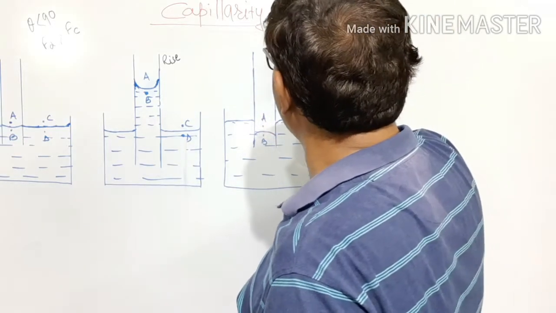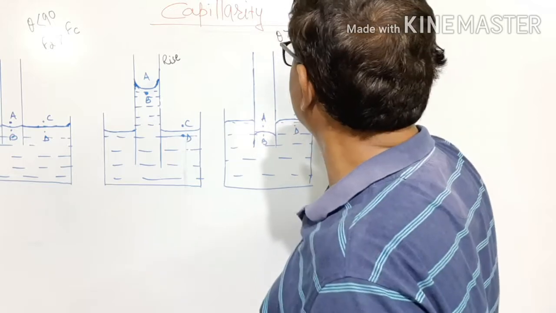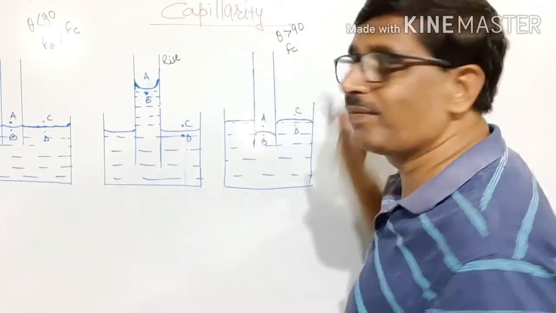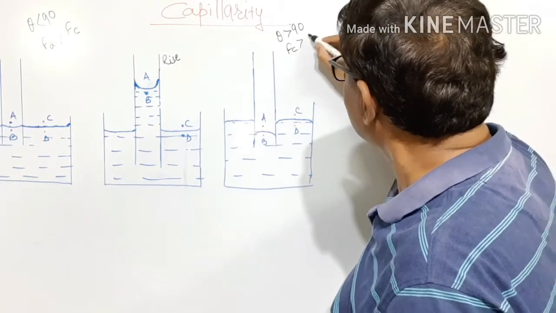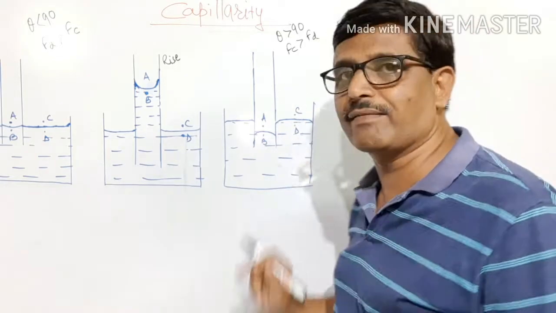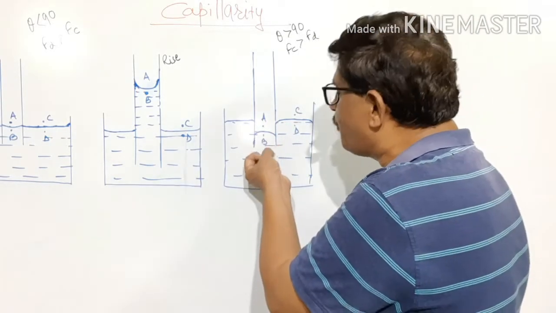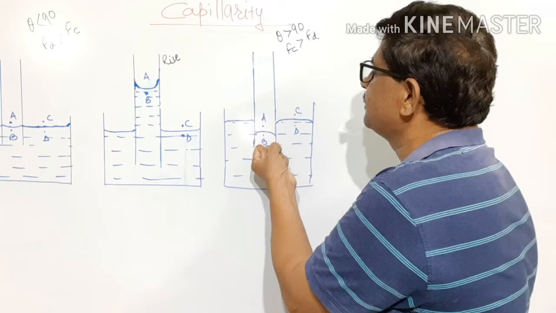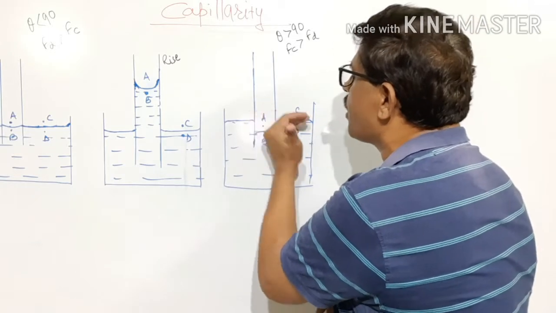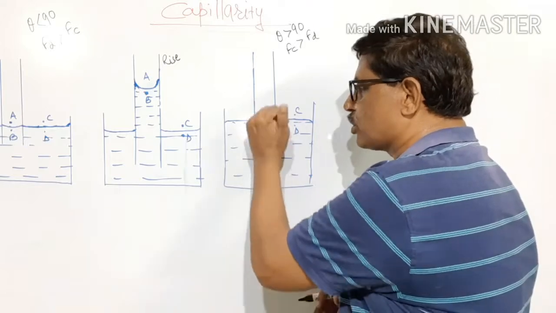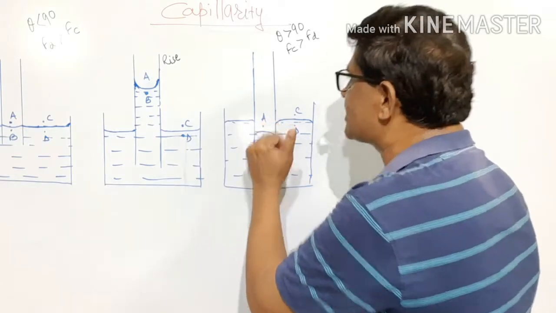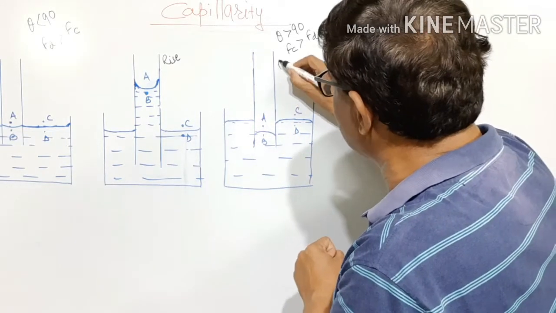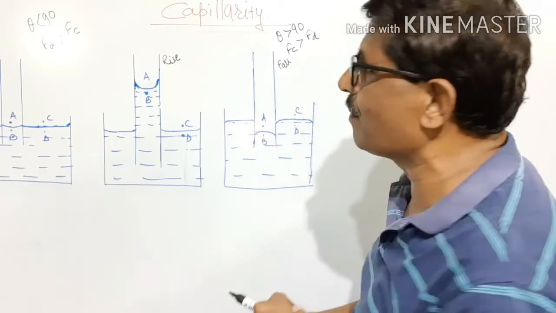And for the liquids in which the cohesive force between the liquid molecules is greater than the adhesive force between the solid and liquid molecules, the molecules of liquid are attracted by the greater cohesive force and therefore they move away from the solid surface, and because of that the liquid gets depressed inside the capillary tube, and hence there is a fall of liquid inside the capillary tube.